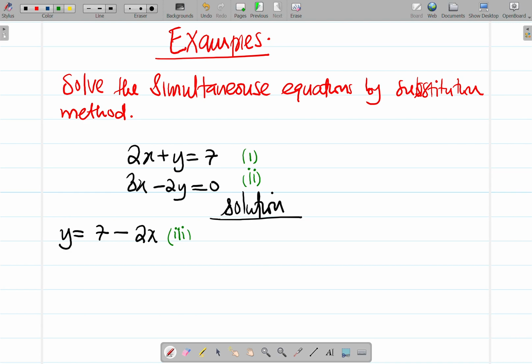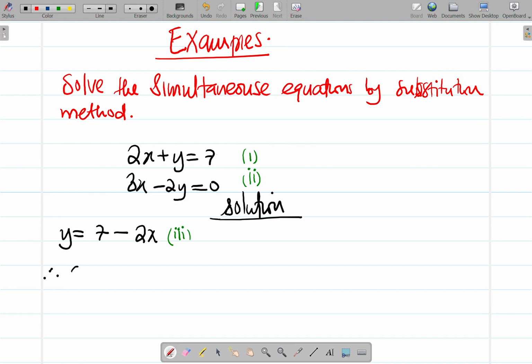So I'll substitute this in equation 2. Since I used equation 1 to make y the subject, I'm going to replace where I'm seeing y in equation 2 with equation 3. So let's go ahead and do that.